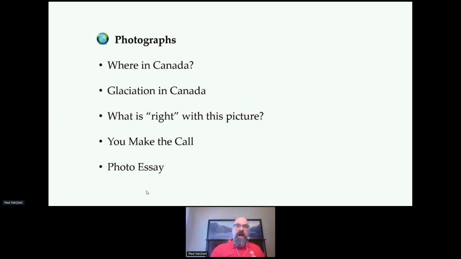I provide groups of students with a number of images that I've collected over the years from calendars and sometimes my Canadian Geographic magazine, for example. And we give them to the students and we say, okay, identify where you think these places are in Canada and actually have them put them up on the roll down wall map in the classroom.